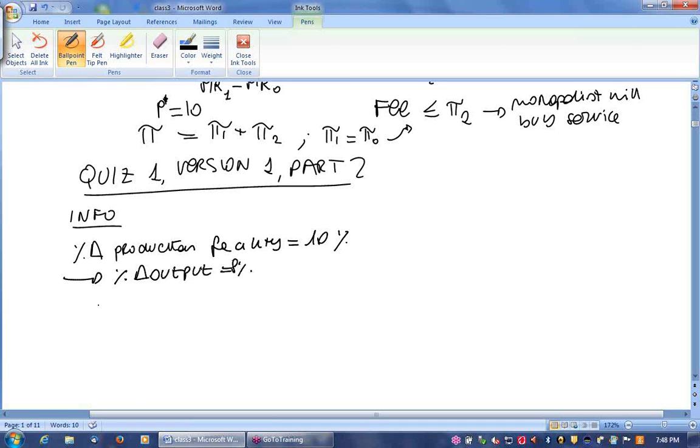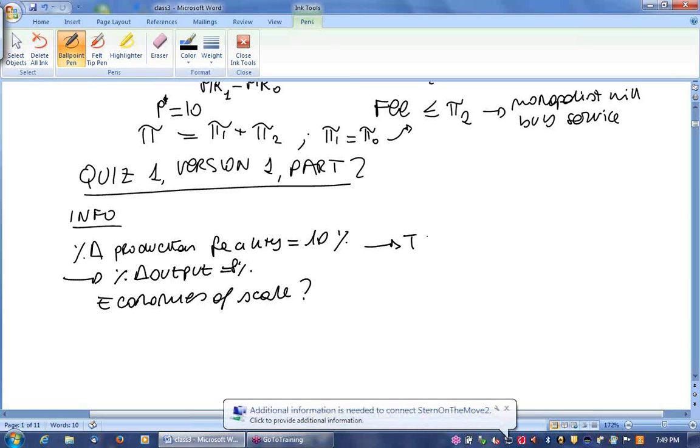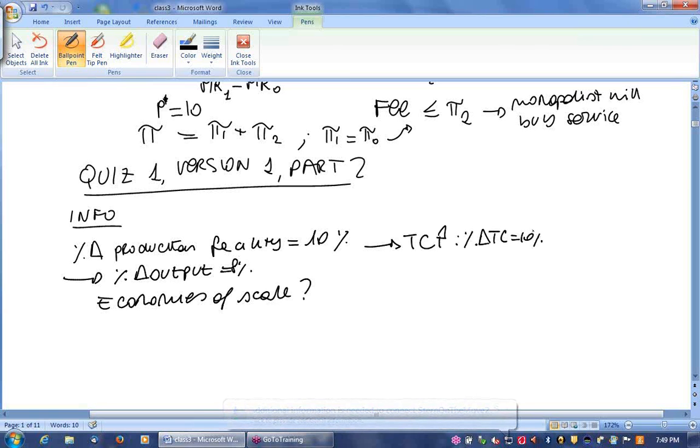So, do we have economies of scale? Yeah, great. So if the production facility is going to increase by 10%, this means that also the total costs are going to increase by 10%. Right? But the output is going to increase only by 8%. So the output is going to increase less than the total cost.